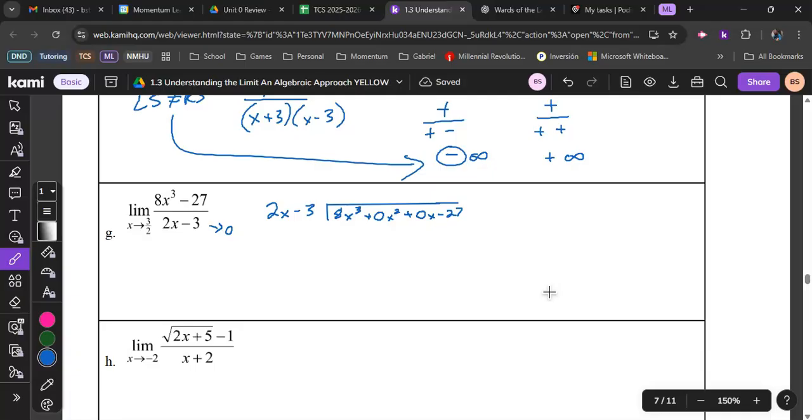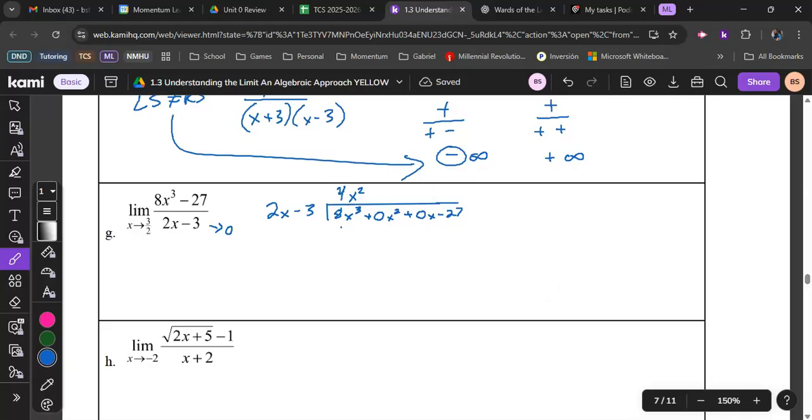Okay? All right. Amalia, what do I do next? No, that's not true. How many times does 2x go into 8x cubed? 4x squared. Right? 4x squared times 2x would give me 8x cubed. Agreed? Okay?